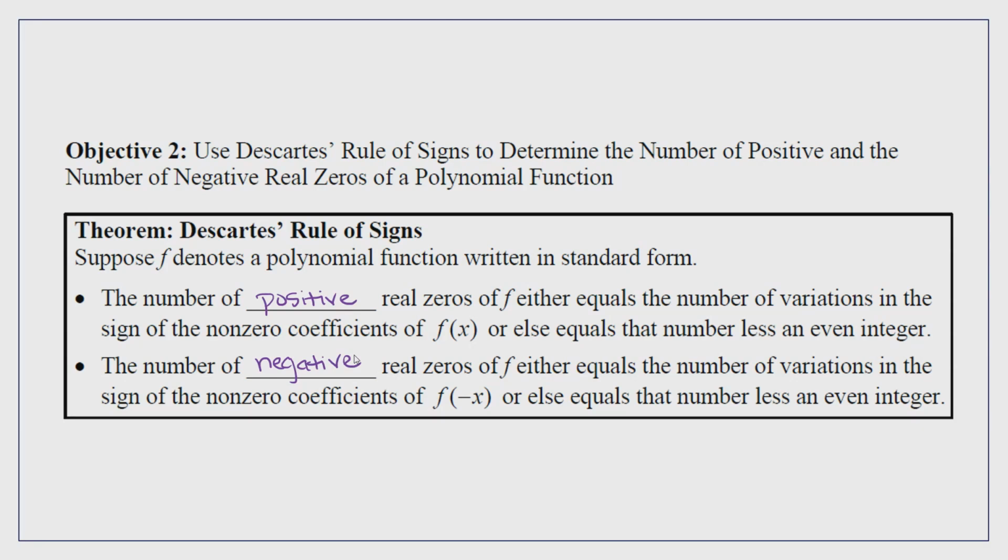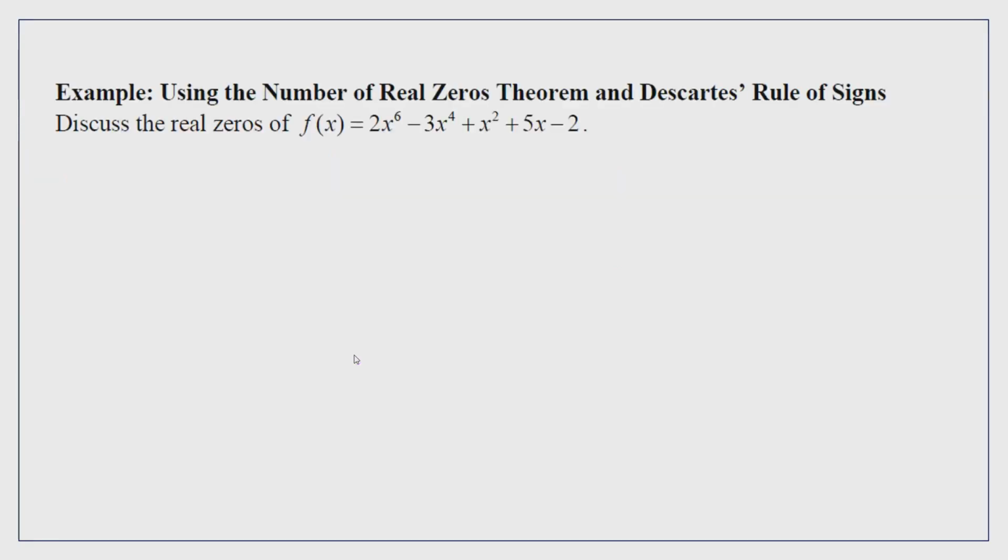All right, so let's see how this is used. I believe an example will help us see this more clearly. So we are going to determine the number of real zeros of f of x. Okay, so we want to determine the possible number of real zeros that are positive and that are negative.